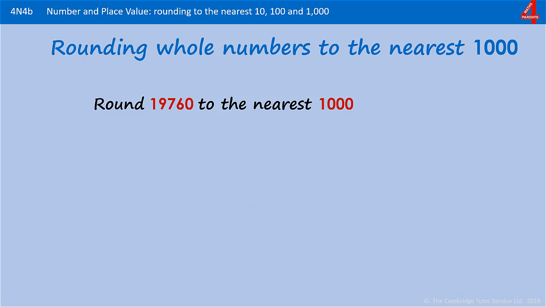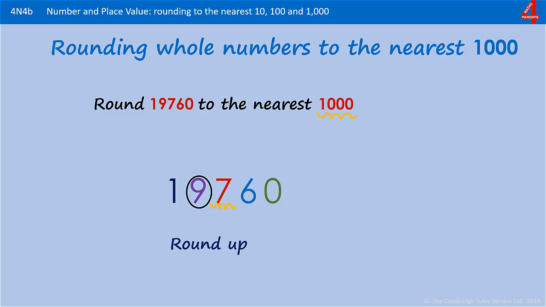This one's a little more tricky. Pause the video, have a go. 19,760 rounded to the nearest thousand. We've located the thousands digit, that's 9,000, and the number that decides whether that stays as 9 or rounds up is 700.